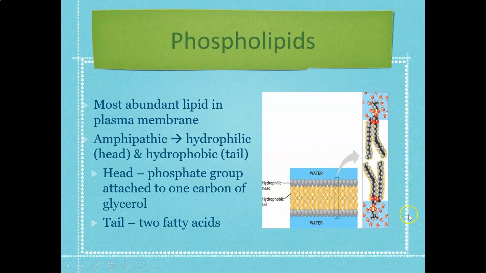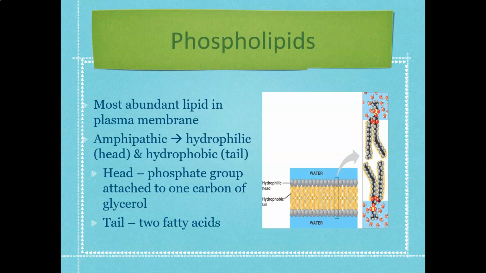You also have a lot of water in your cytosol inside your cell, and so the heads also orient themselves in that direction too. In the center, then, you have that hydrophobic layer, which is your fatty acid tails that are part of that phospholipid structure.